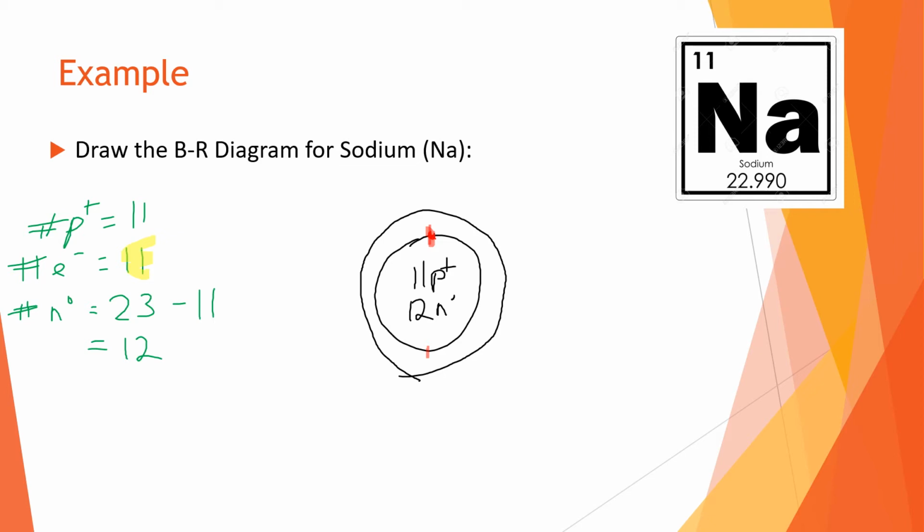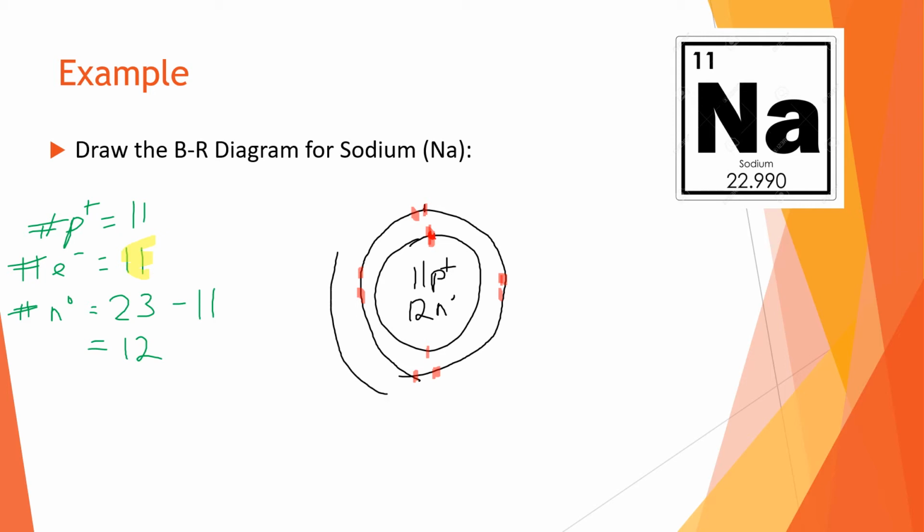So I've placed 1, 2, 3, 4, 5, 6, 7, 8. So that's full now. It has 8, and now I have 1 left to place.